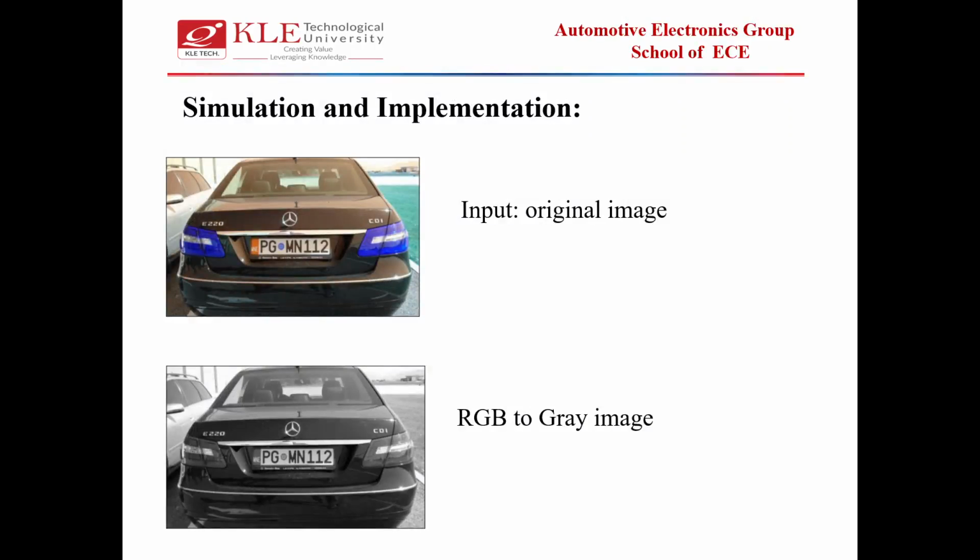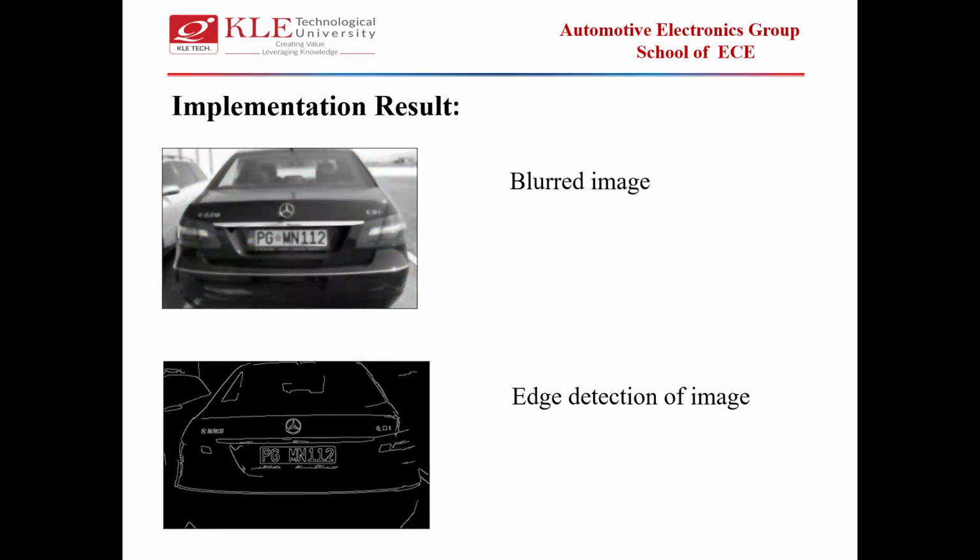Now let's move towards the simulation and the implementation. In simulation and implementation, we take our input image, that is the original image, which is in RGB color, that is red, green, and blue. In order to provide less information to each pixel, we convert the RGB image to a gray image. The next step is the pre-processing stage.